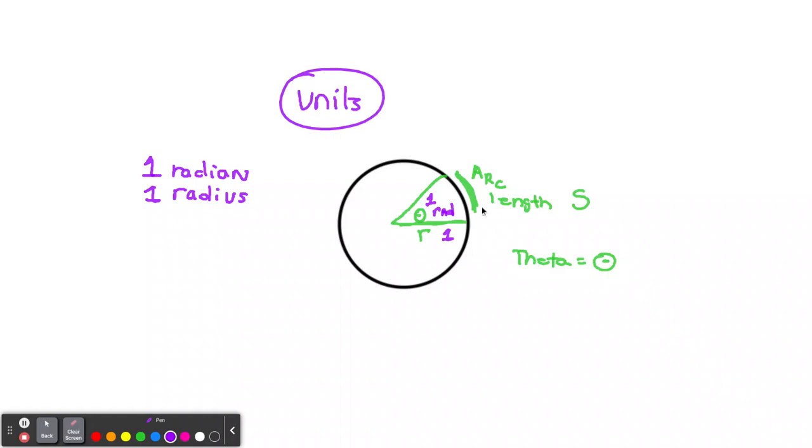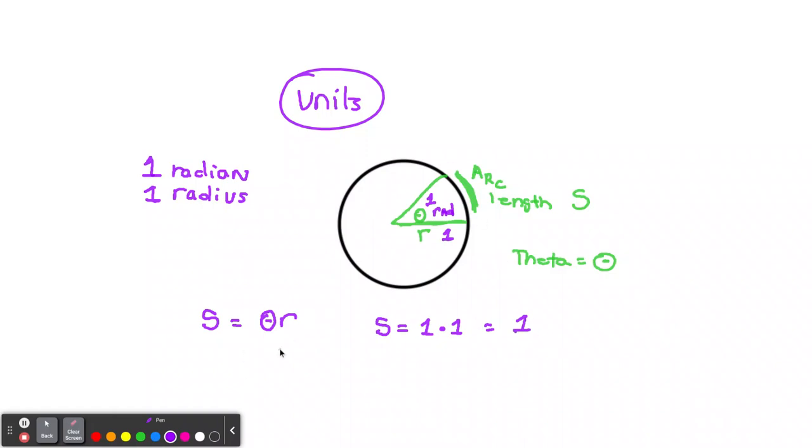What is the arc length? Well, the formula is the arc length equals theta times the radius. That's it. So in this case, it's 1 radian times the radius of 1, so the arc length is 1 unit.